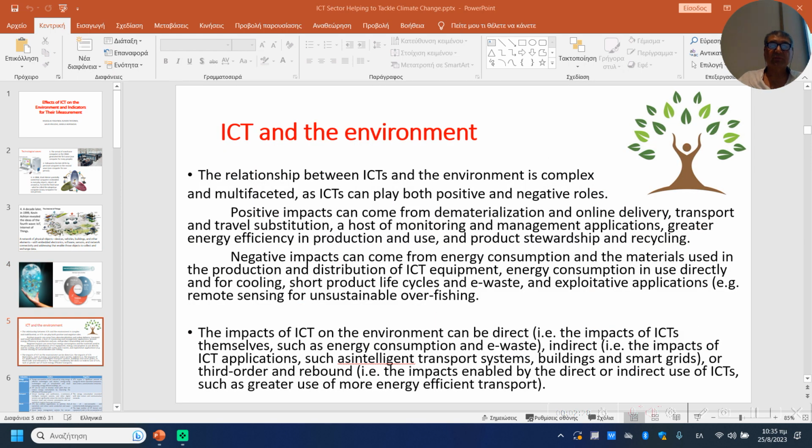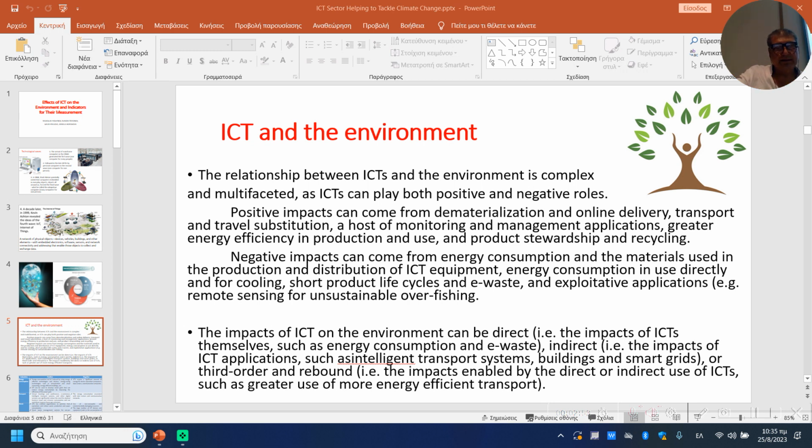In this world, we have ICT and the environment. What is most important in this? The most important thing is that ICT has several applicative sides toward the environment.